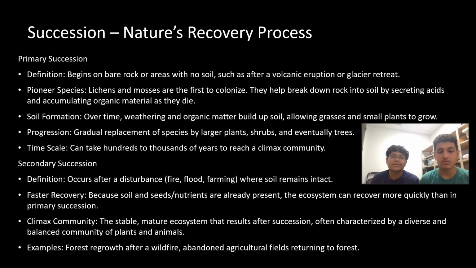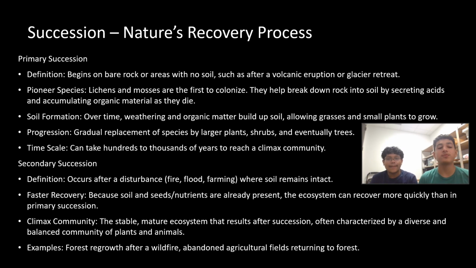Over time, weathering and organic buildup form soil, allowing grasses and small plants to grow. Progression is a gradual process, meaning it takes a long time, as larger plants, shrubs, and eventually trees arrive. It takes thousands of years to build a community that's at its climax, at its peak.